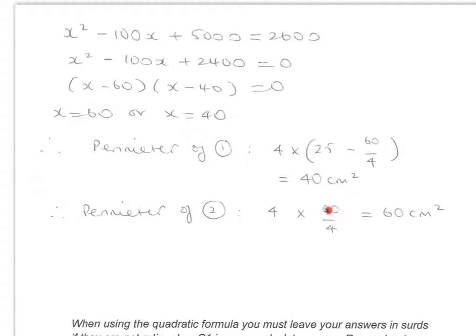And x over 4 is the side for the second square. So 4 times that will give me 60 centimetres. So it doesn't matter whether you put the 60 into the first one or the 60 into the second one, or 40 into the first one, 40 into the second one, you'll still end up with the same two perimeters.